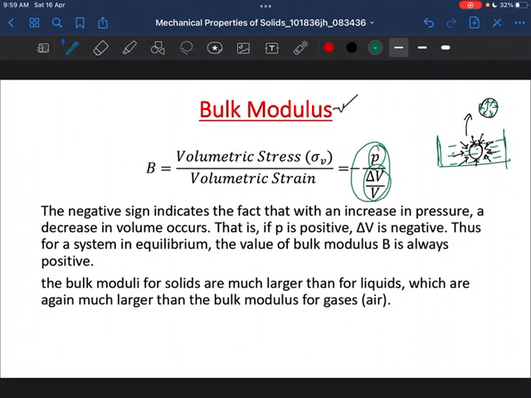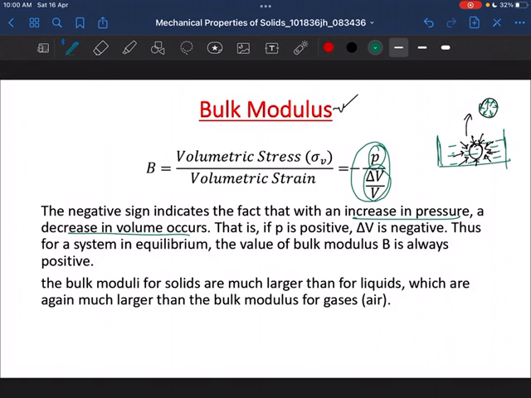Now why is there a negative sign? The negative sign indicates the fact that with increasing pressure, a decrease in volume occurs. The more the pressure from outside, from the liquid, there will be a further decrease in the volume. That is why it is negative.